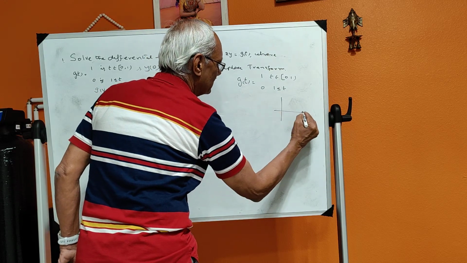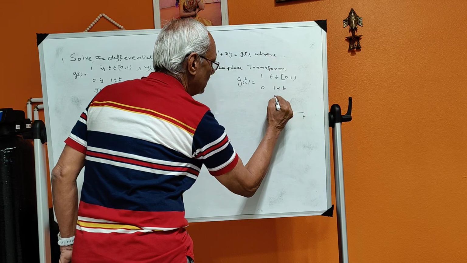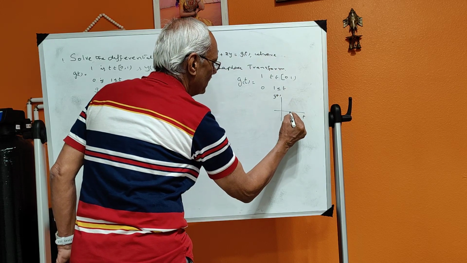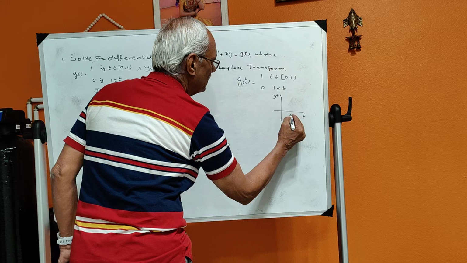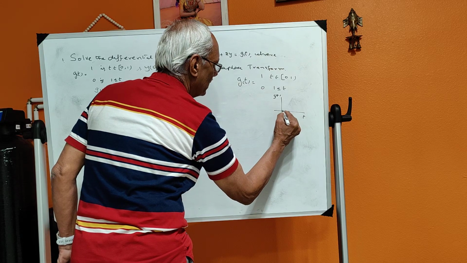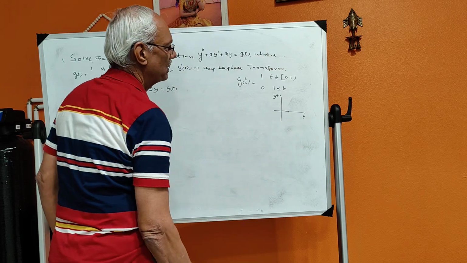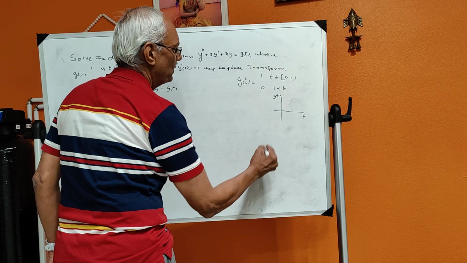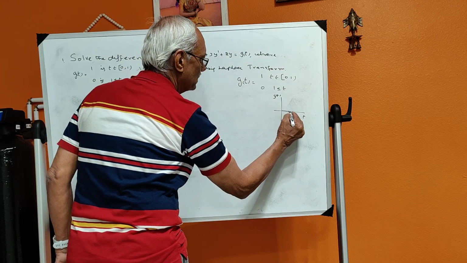It is defined like this: g of t is 1 up to 1, and after that it becomes 0.